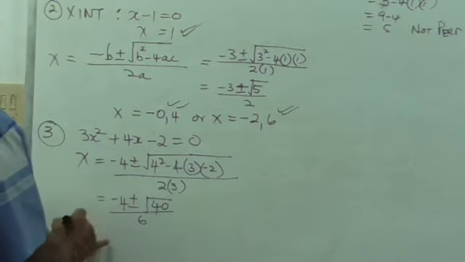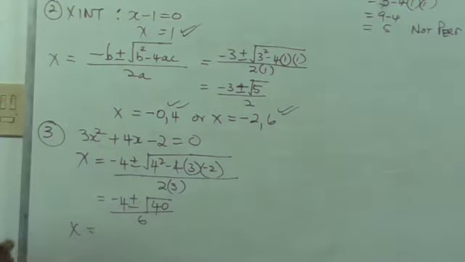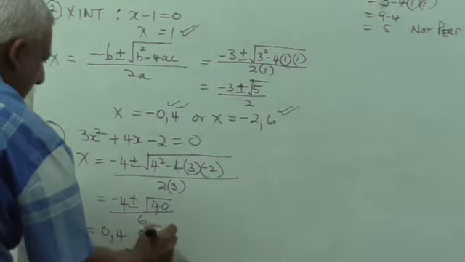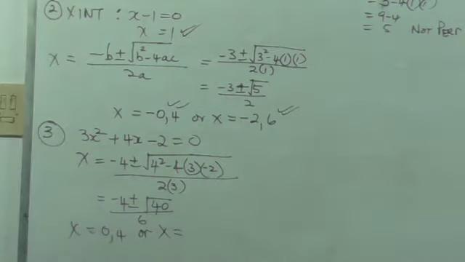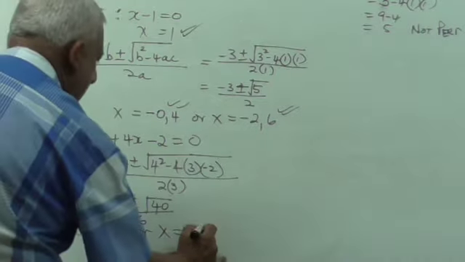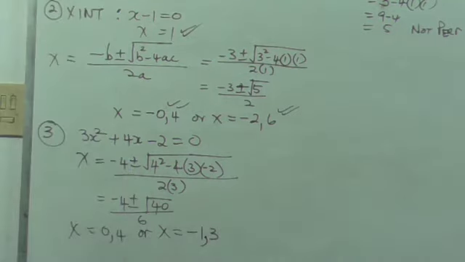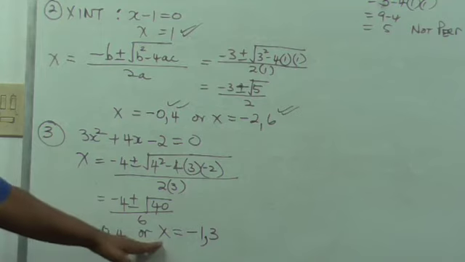And from this you will get your two answers. X is equal to 0,4, or x is equal to minus 1,3. I'm not going to do this step by step. So you can put that in your calculator, you get x equal to 0,4 or x is equal to minus 1,3.